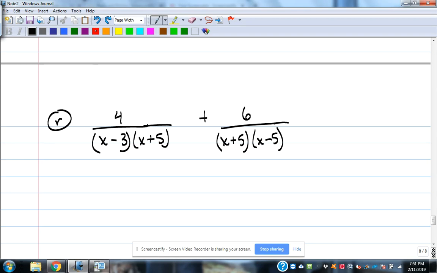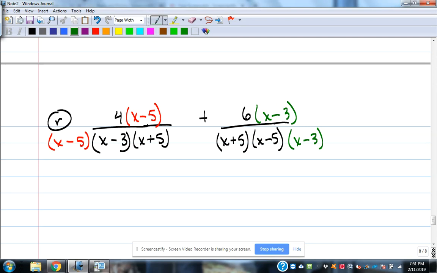We multiply by that whole factor that we need on top and bottom. What does this one need to be like that? It needs the factor of x minus 3. So we multiply bottom times x minus 3, top times x minus 3.